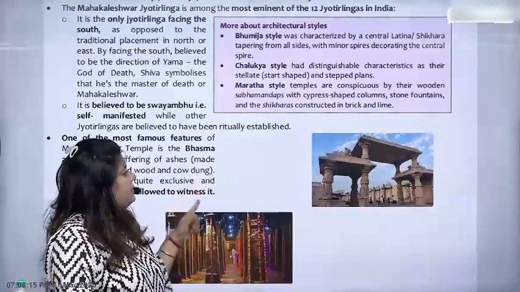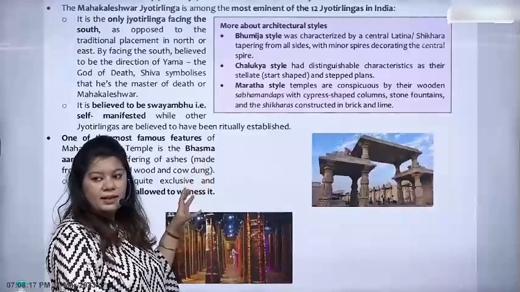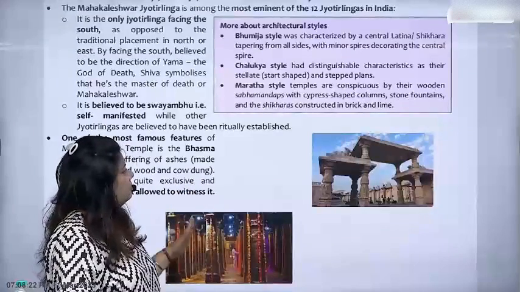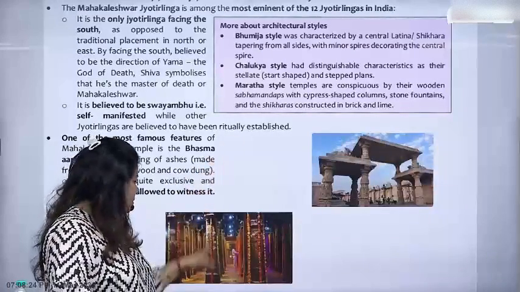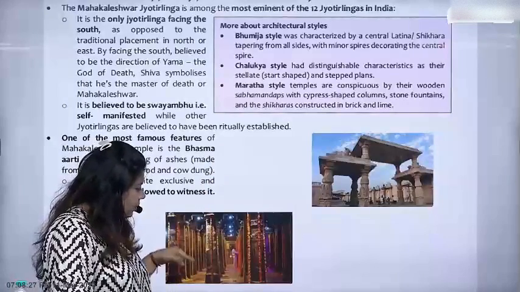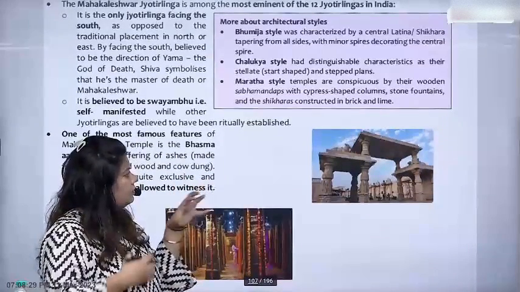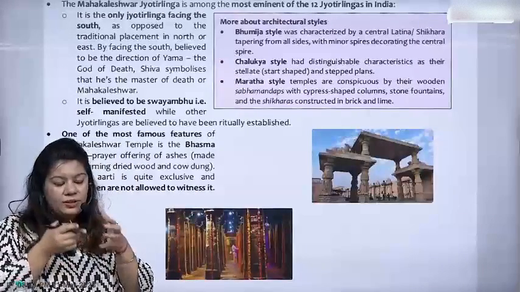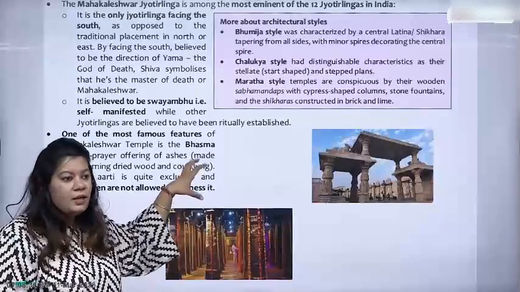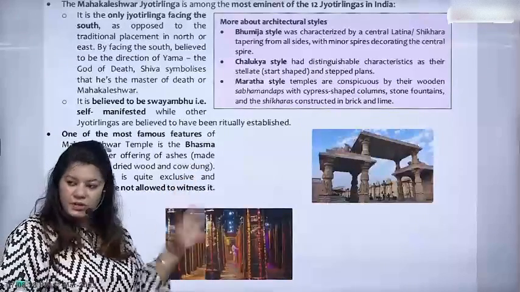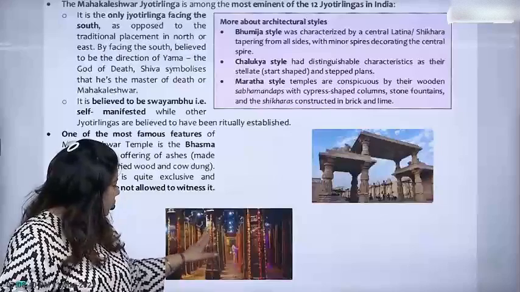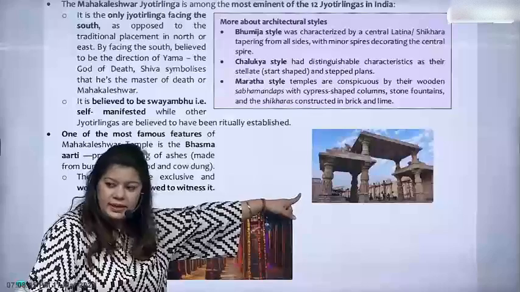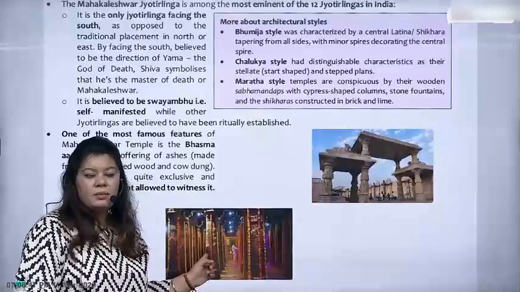And Maratha is saying that temples of the Maratha kingdom were conspicuous by their wooden sub-mandap and cypress-shaped columns. So these are cypress-shaped columns. You don't actually understand the architecture, and you tend to get lost also. They are conspicuously constructed, see, so many columns or pillars over there. So this is Bhumij style and this is Maratha style.